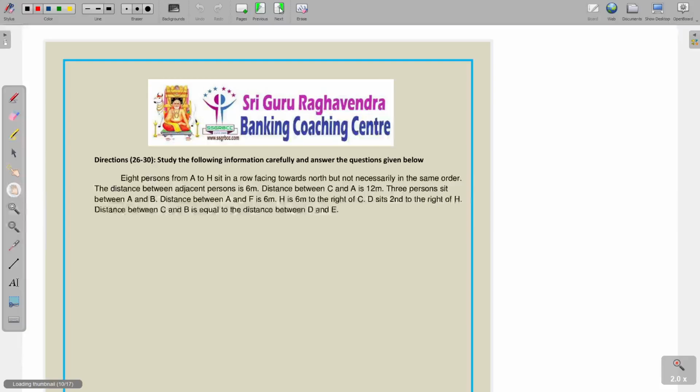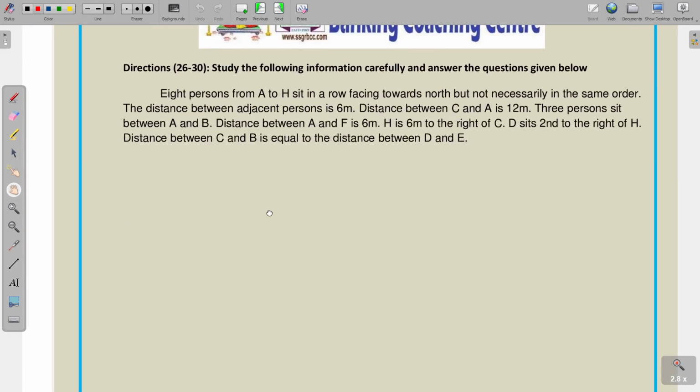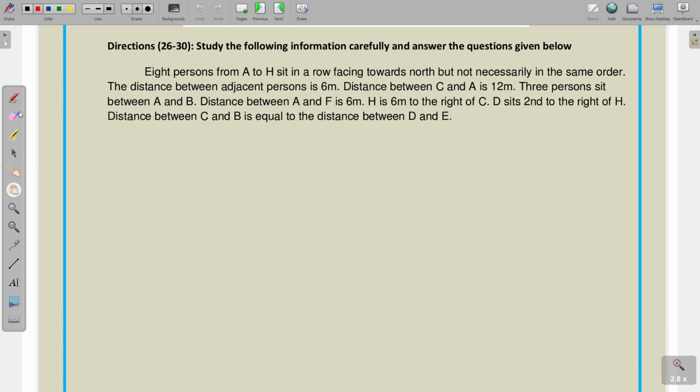Next, questions 26 to 30. Eight persons from A to H sit in a row facing north but not necessarily in the same order. So here there are 8 persons in total.